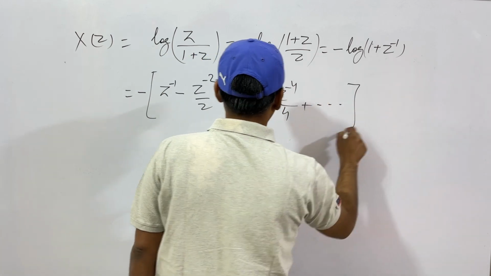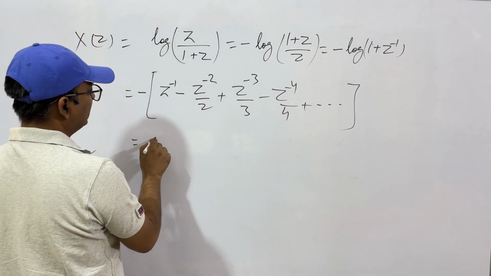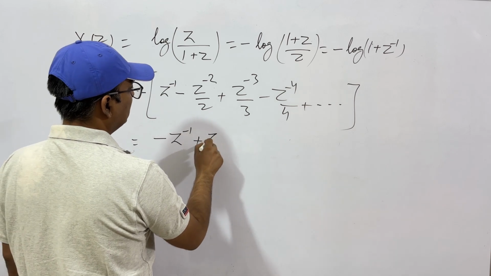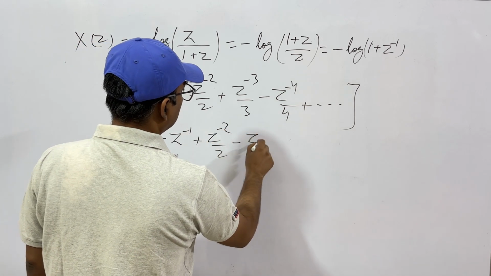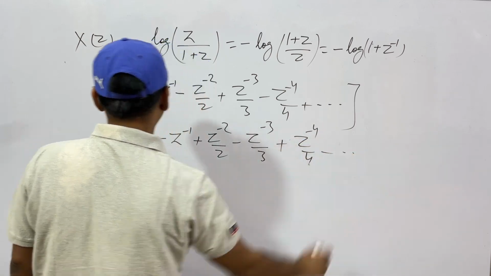What I have done, I have just expanded it. Okay, so now what we can do is take this negative here, so this will be minus z inverse plus z minus 2 by 2 minus z minus 3 by 3 and so on.